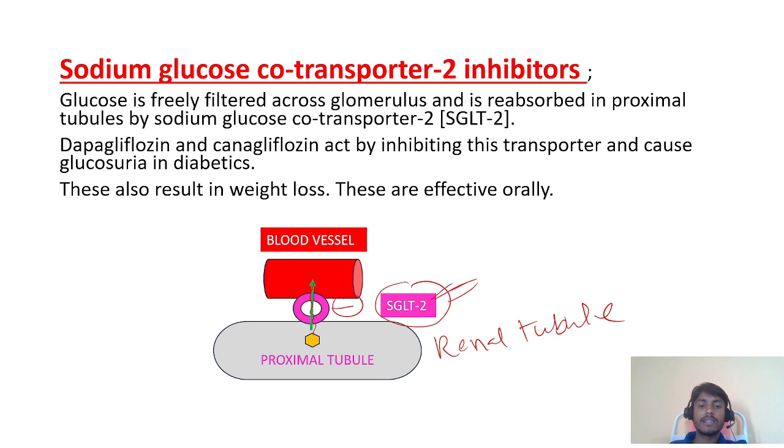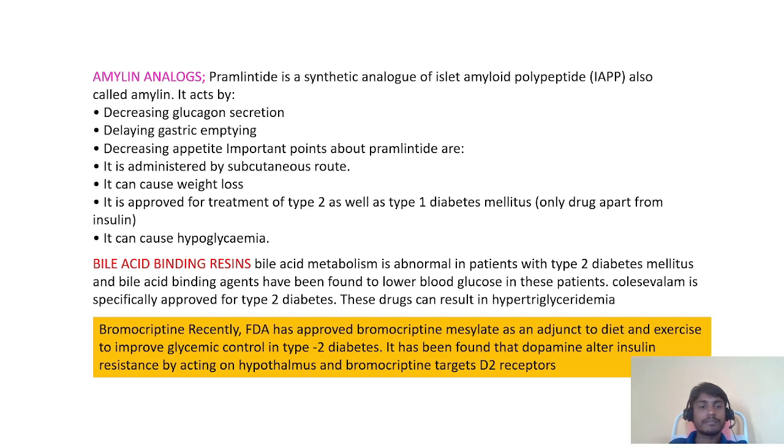If we inhibit it, the glucose will not enter the blood vessel and is instead excreted through the urine, thereby reducing the glucose level in the body. The drugs that act by inhibiting sodium glucose cotransporters are dapagliflozin and canagliflozin.